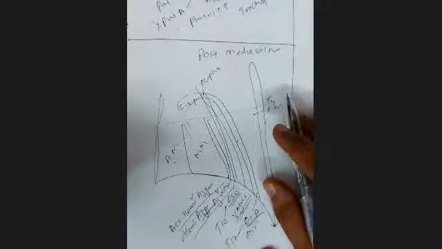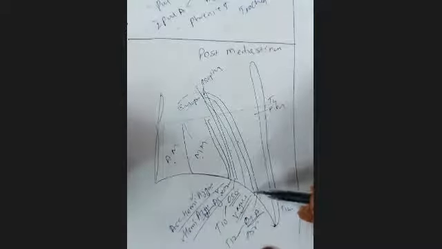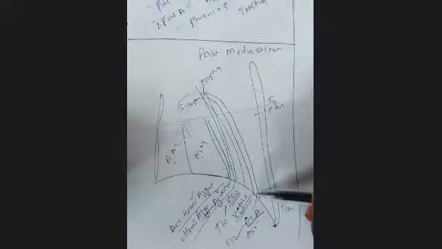Looking at the diagram, let us talk about the contents: azygous vein, hemiazygous, accessory hemiazygous vein, esophagus, vagus nerve, descending thoracic aorta and its branches, and a few lymph nodes like the posterior mediastinal.